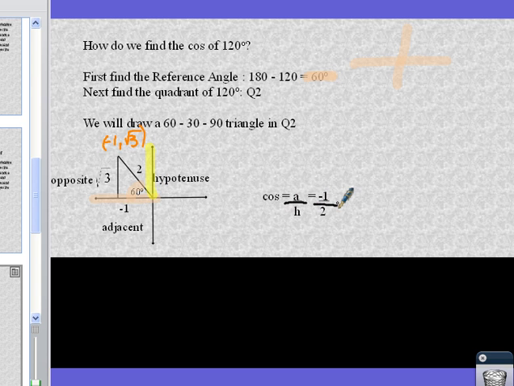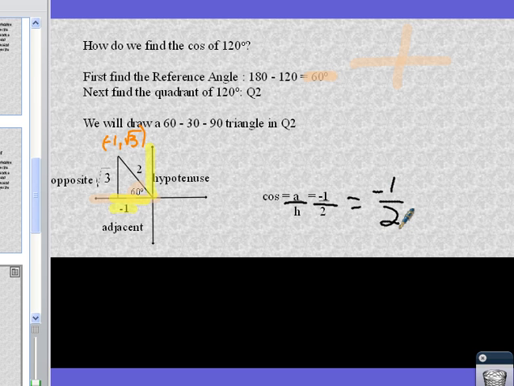So our adjacent length is -1, and our hypotenuse is 2. This is a little hard to see, but the actual answer is going to be -1/2. Very similar to a just 60 degree triangle, except instead of being +1/2, it's -1/2.